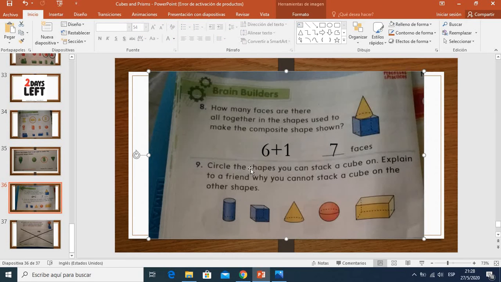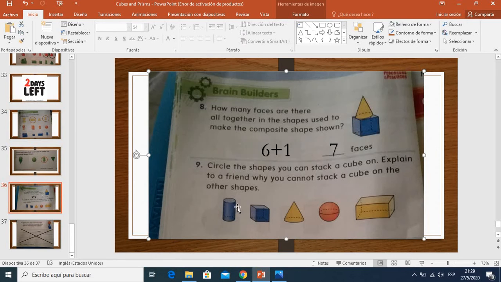Now it says, circle the shapes that you can stack a cube on. This one is the cube, remember? Stack is putting over, okay? So can I stack the cube on the cylinder?